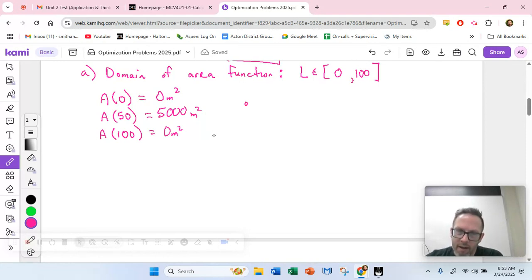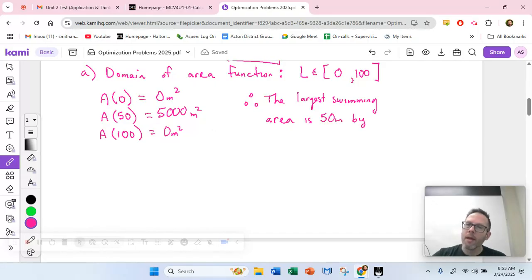So I'll just tuck in a concluding statement here and a little visual. The largest swimming area is 50 meters by, and let me just draw a little visual here.